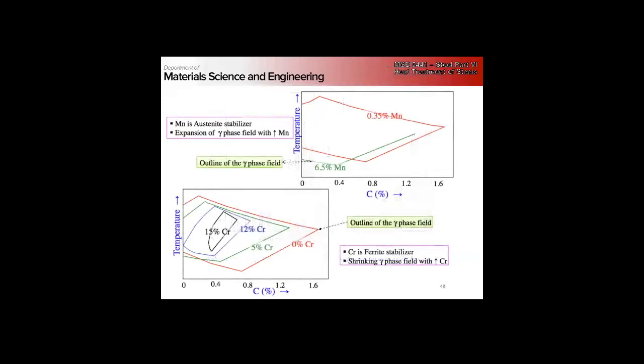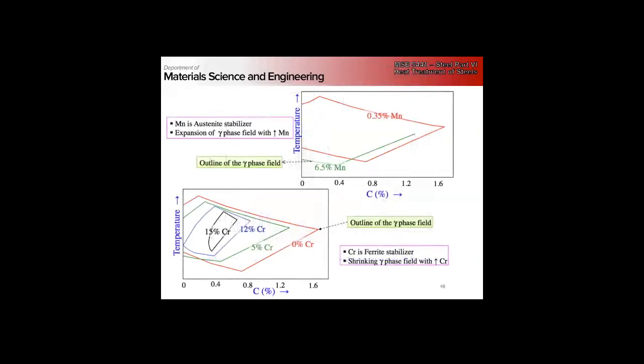So if you look in handbooks, you see diagrams that look like this, which basically sketch out the shape of the austenite phase field with varying alloying elements. We can see here chromium is a ferrite stabilizer. As we add chrome, our austenite phase field shrinks.